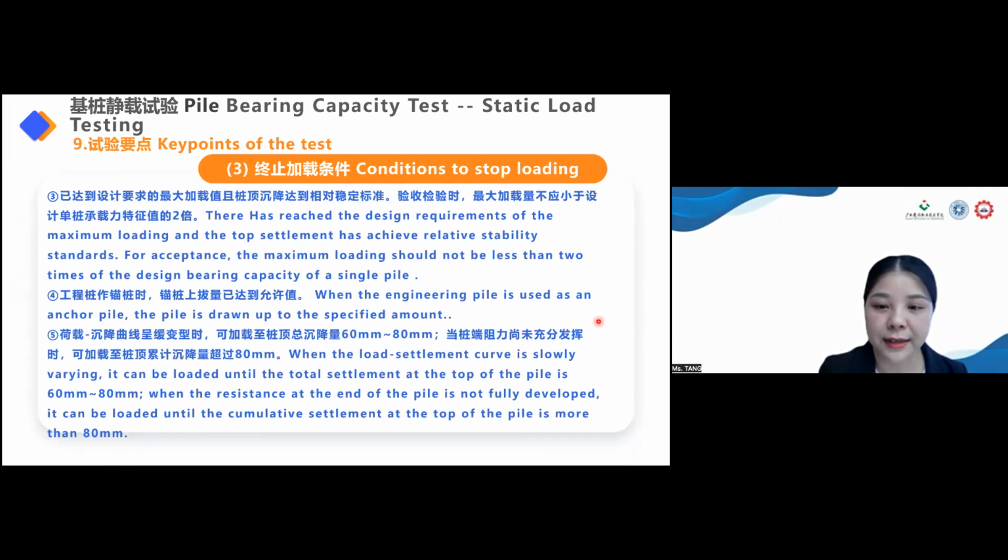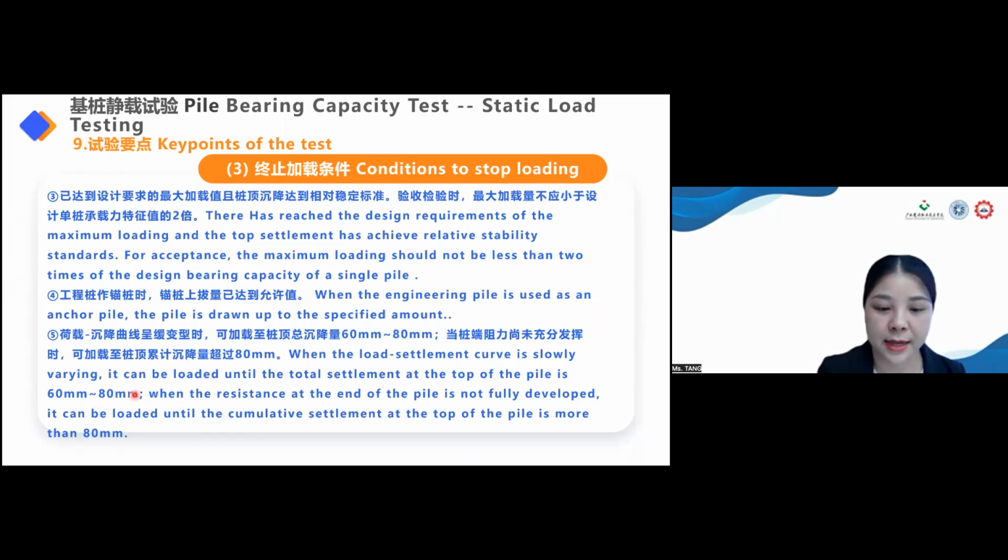4. When the engineering pile is used as an anchor pile, the pile is pulled up to the specified amount. 5. When the load settlement curve is slowly varying, it can be loaded until the total settlement at the top of the pile is 60 millimeters to 80 millimeters.